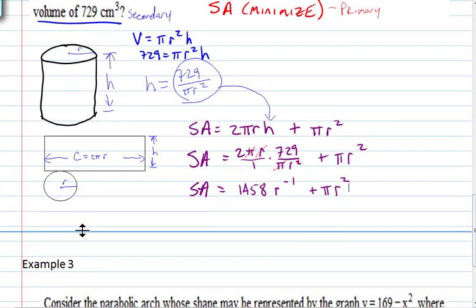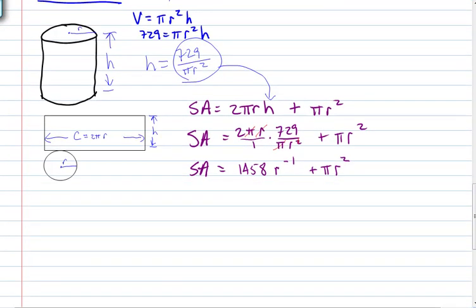And I want to optimize this, which means I need to do what? Take the derivative. So now we take the derivative and set it equal to 0. Okay, we're going to find the value of r that does this.